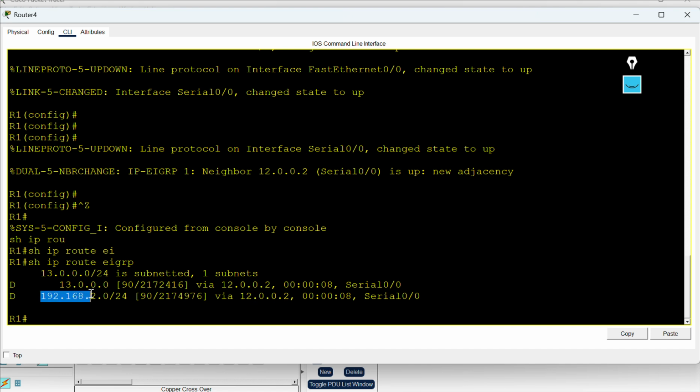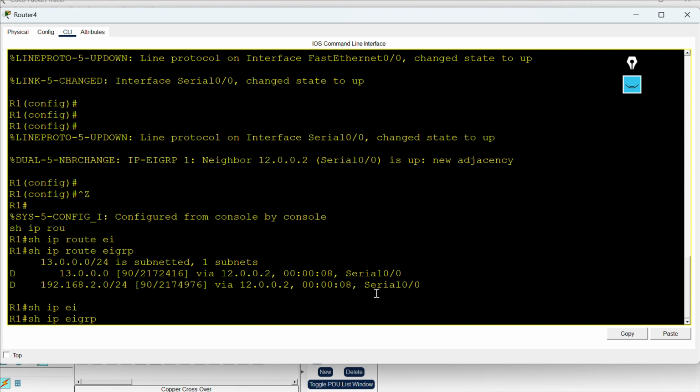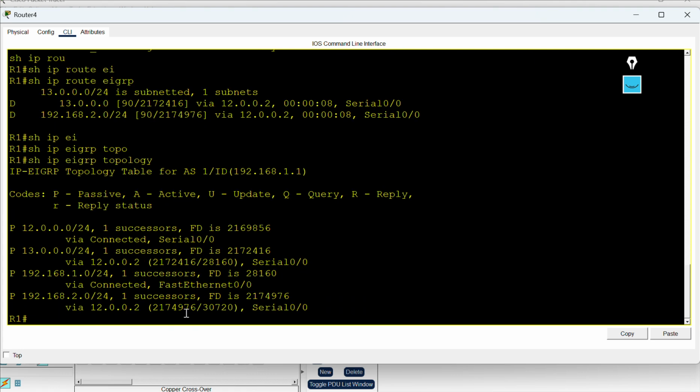This is the routing table. But if you see the topology table, show IP EIGRP topology, the 192.168.2.0 network is received from 12.0.0.2. Here there is one bracket. The first value is the feasible distance. The second value is the advertised distance.